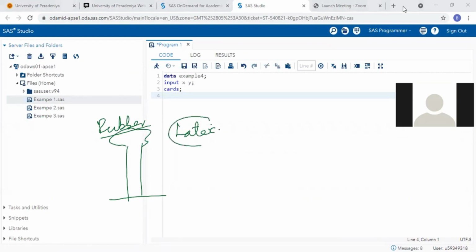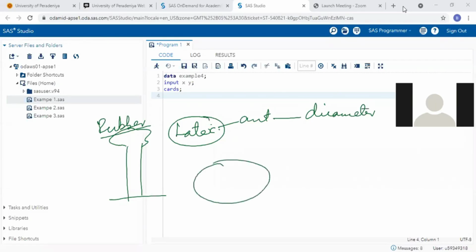So the amount of latex depends on the diameter of the tree. Do you agree with that? Amount of latex depends on the diameter of the tree. If the diameter is higher, latex is higher. If the diameter is small, the latex is low.